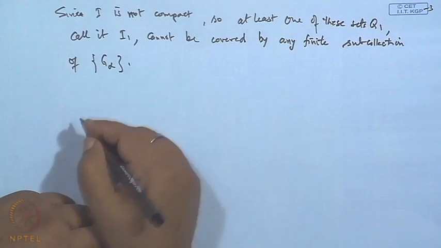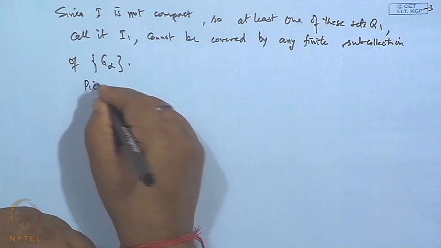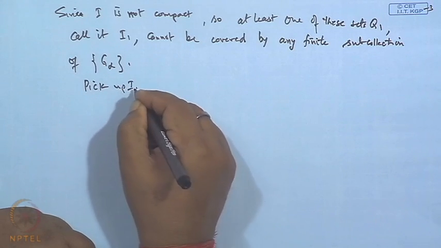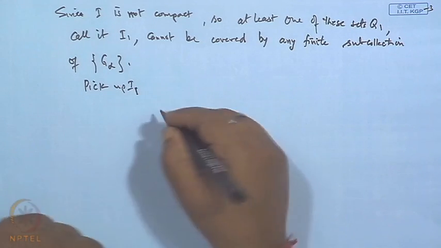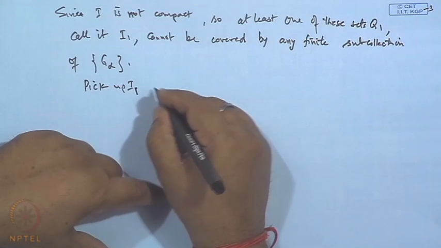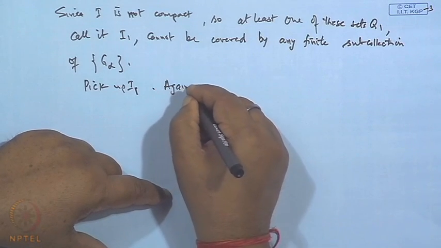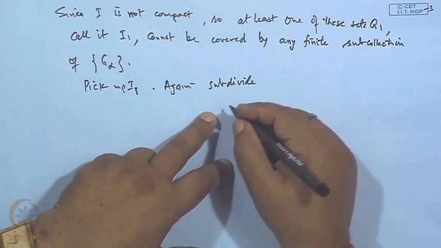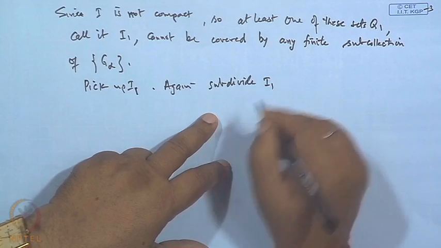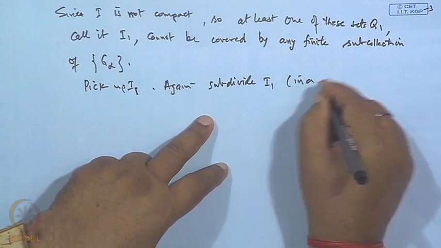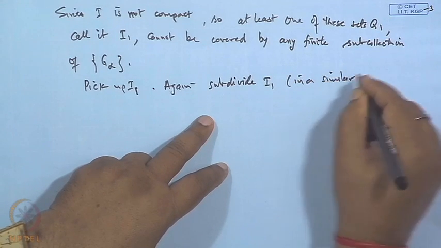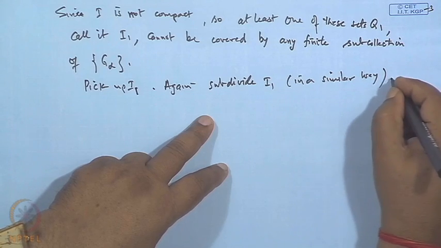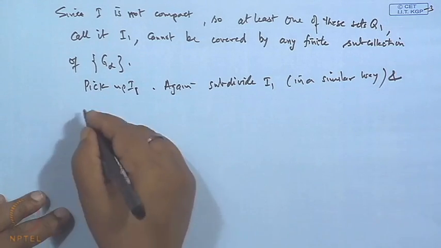Now, pick up I_1 and again subdivide this I_1 in a similar way as defined earlier, and continue this process.